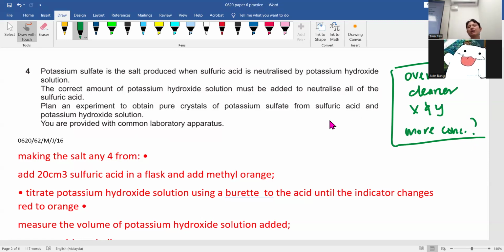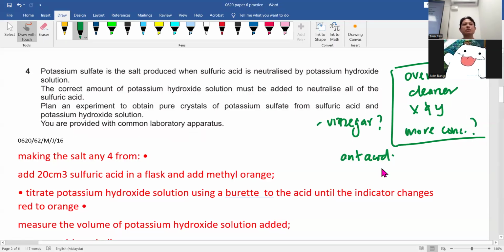Other than that, they will have vinegar. Which one is more concentrated? Or they will ask you about antacid. Do you remember what's antacid? When you have too much stomach acid, you take medication to neutralize it. Which one is more effective for a person who has gastric problems? All of this is a titration question. Do you get it?